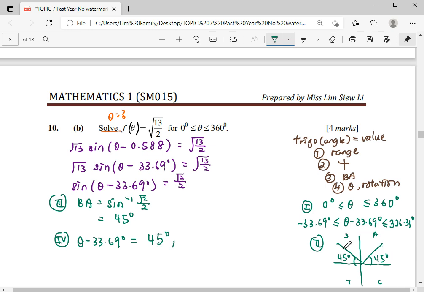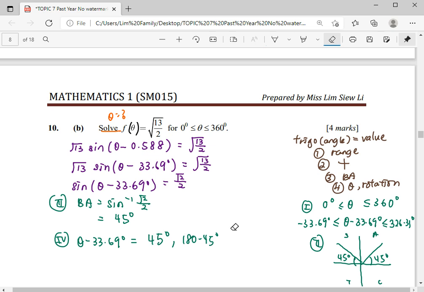Then when I go for quadrant 2, in order to get the angle for this quadrant, we need to take 180 minus 45. Then we continue our rotation until maximum 326. We go for quadrant 3, we don't have any solution here. We go for quadrant 4, 300 something here, also don't have any solution. Our solution involves just two angles only, one from quadrant 1, one from quadrant 2.